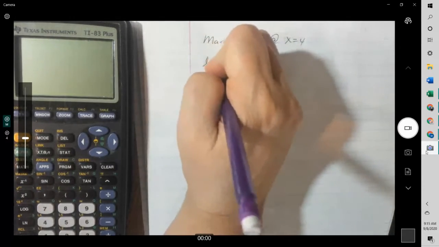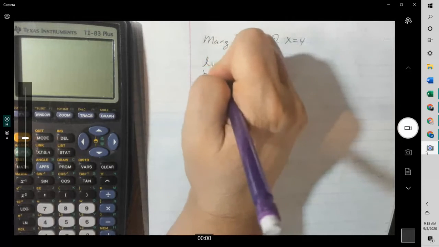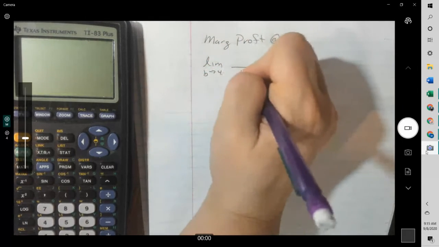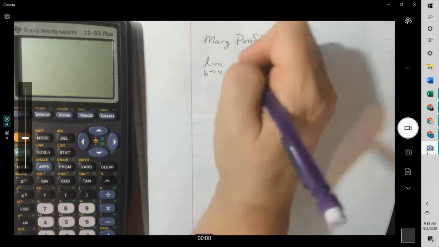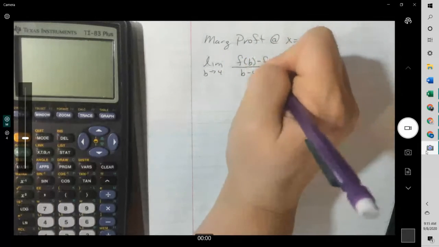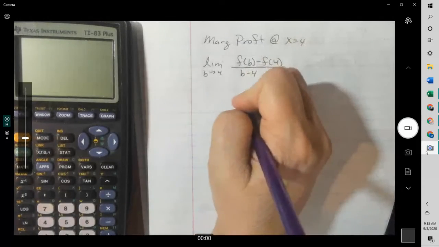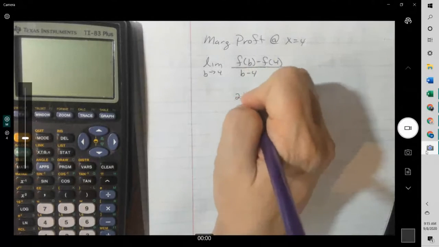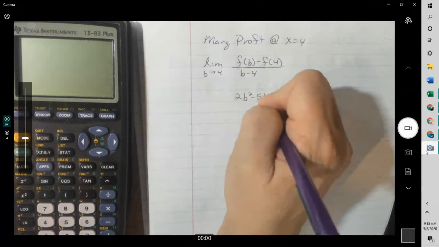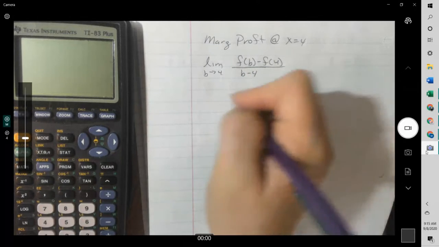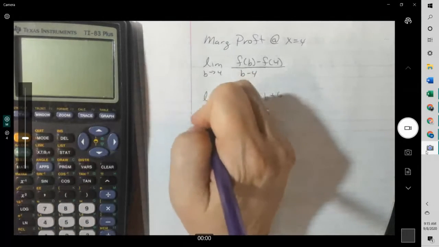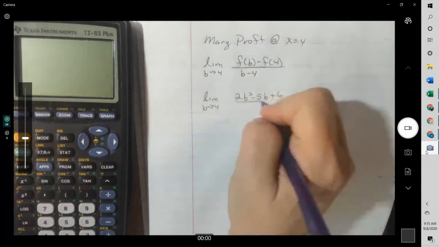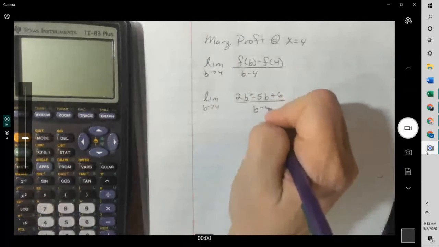So we take the limit as b approaches 4, b minus 4 in the denominator, f of b minus f of 4. And f of b was 2b squared minus 5b plus 6, all over b minus 4.